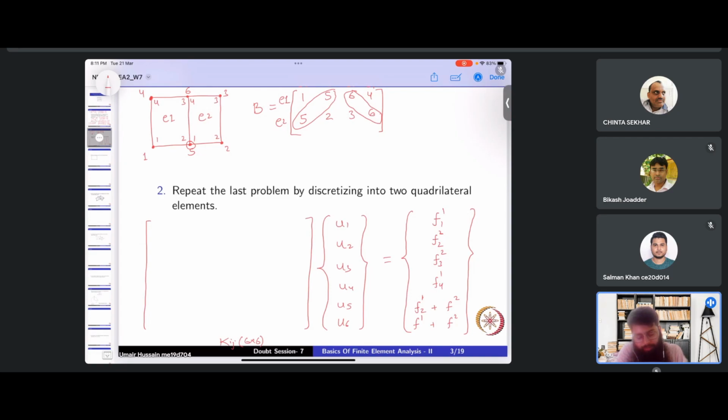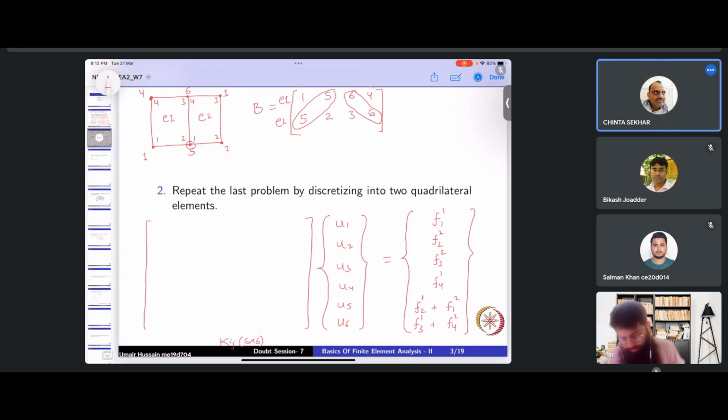And similarly for element 2, global node 5 becomes local node 1. For global node 6, similarly, from element 1 it is local node 3, and from element 2 it is local node 4. So that's how we fill the global force vector.